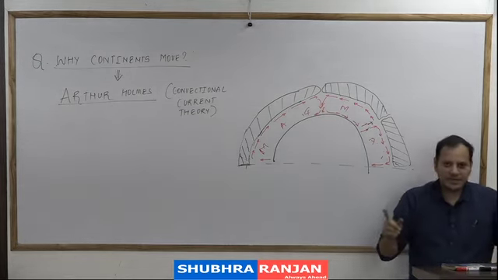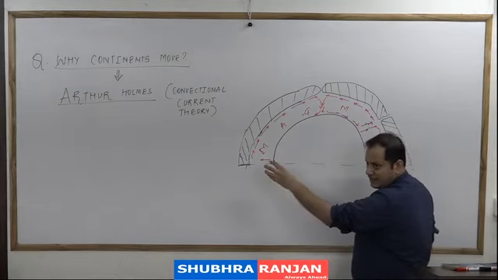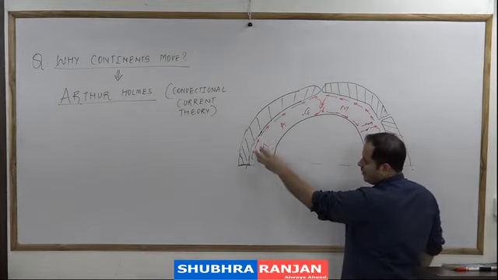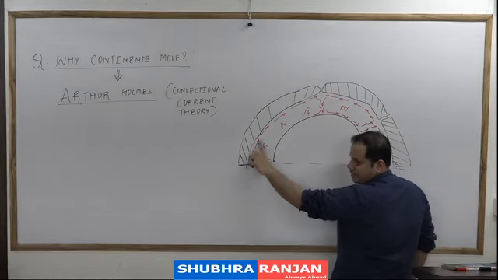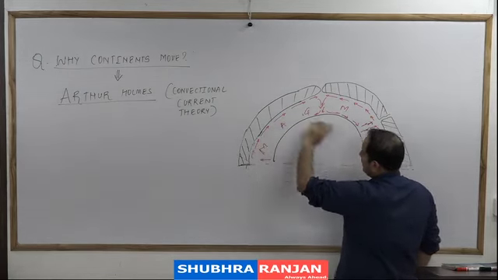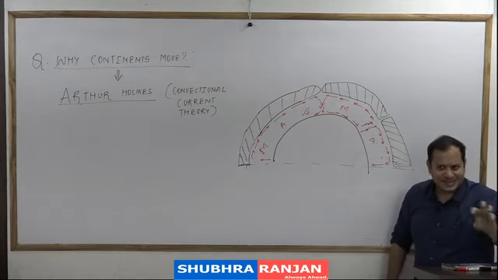So what is happening here? Convectional currents are rising from the heated mantle. When they are rising from the heated mantle, you can see one part of my convectional current is going in this direction. There can be some other convectional currents, because convectional currents can rise from many places.